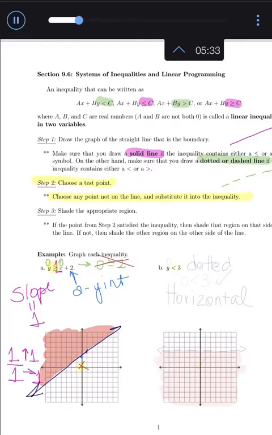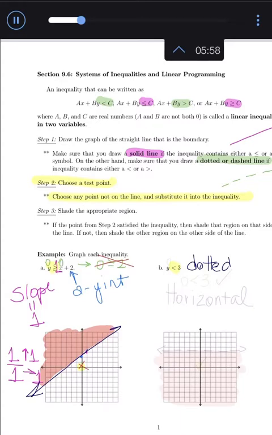For our next problem, same idea. We need to graph our function. Well, notice on this next one that we do have a strictly less than, which means when we do graph our line, it will be dotted, not solid.